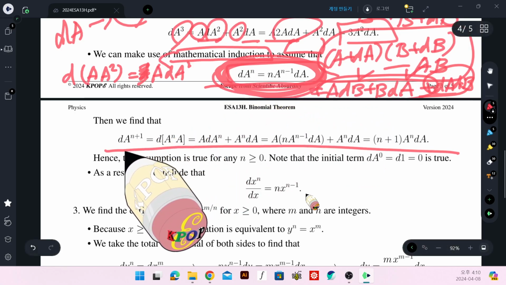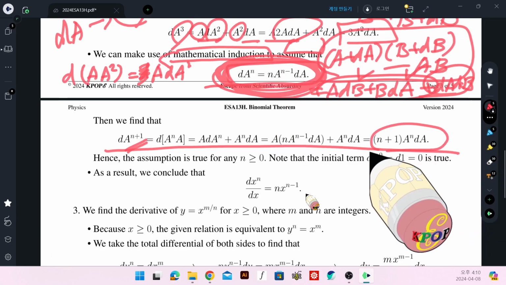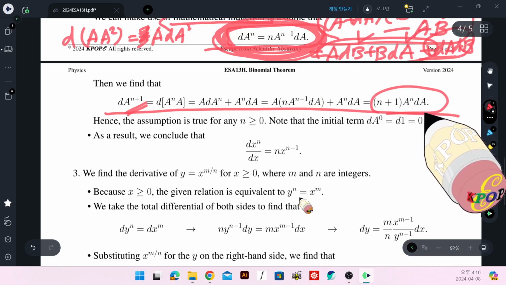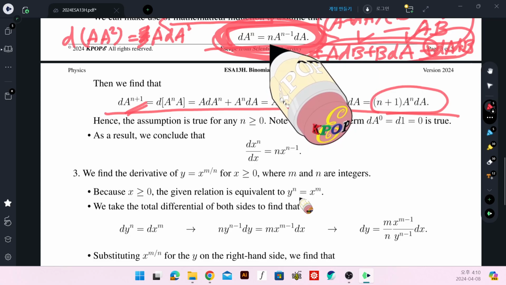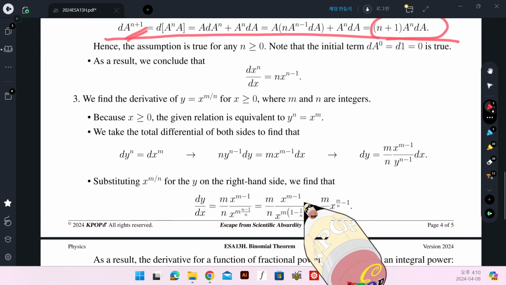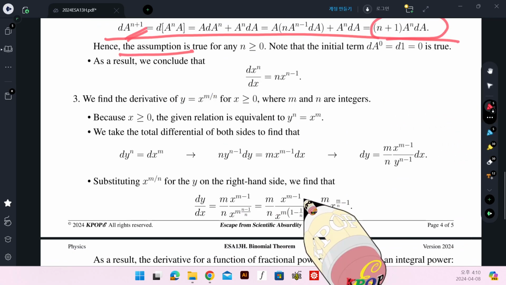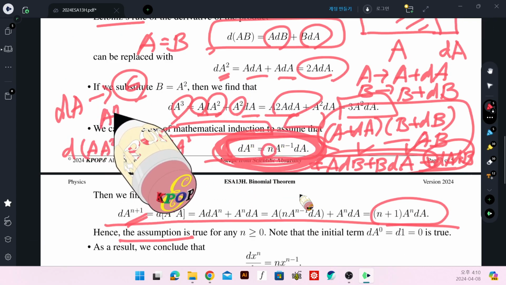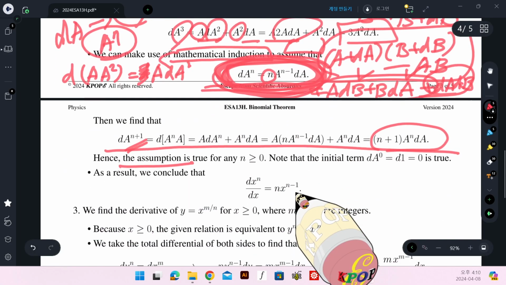Then the next step will find the same rule is achieved for the next n. This one is identical to the result when we substitute n plus 1 for each n. Hence the assumption is true, and we have shown that A to the nth order, its total differential is like that for any A.